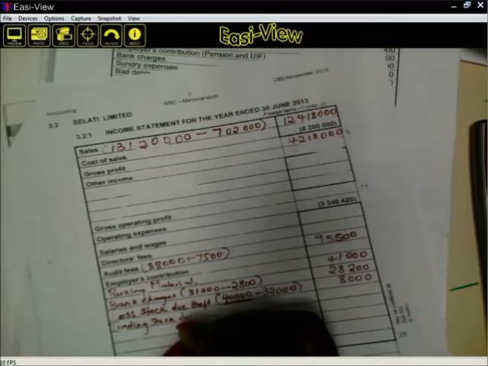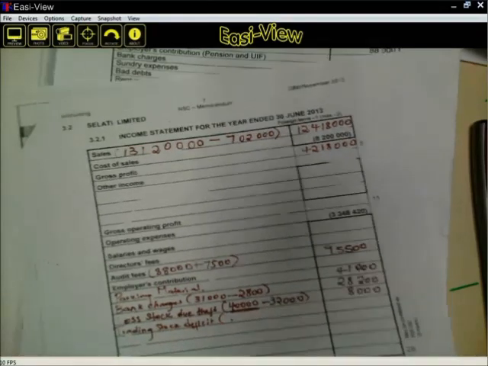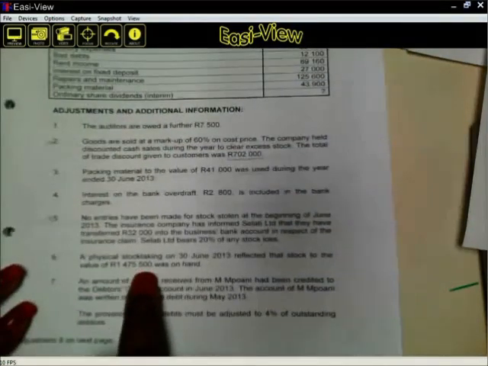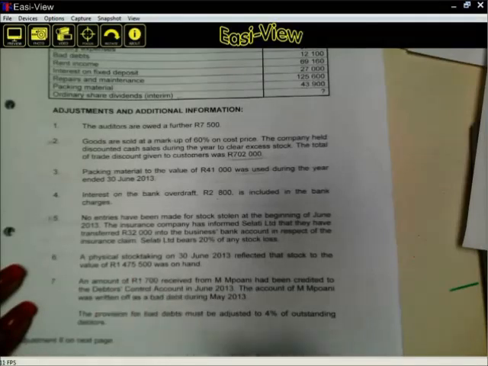That means it's our trading stock deficit. Why do I say deficit? Because we must come here and check. Here it was 1,500,000, but in here it is 1,400,000. It means it is shorting. Deficit meaning it is shorting.